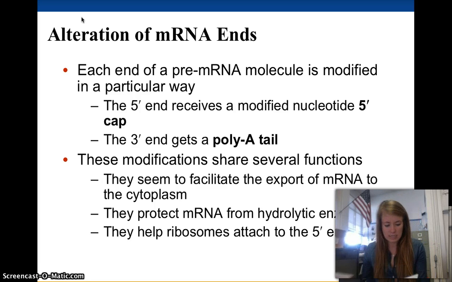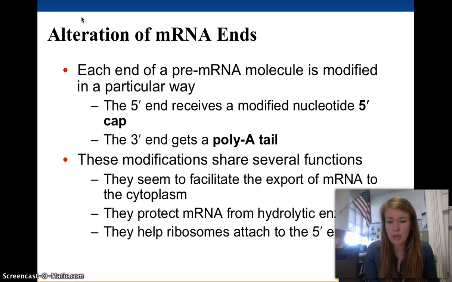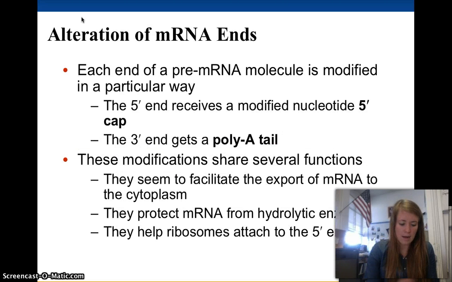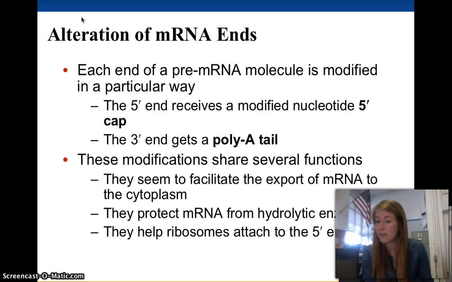What that is, is a modified form of guanine put on at the end of the 5' end. So it receives one modified guanine at the end. It's called the 5' cap.